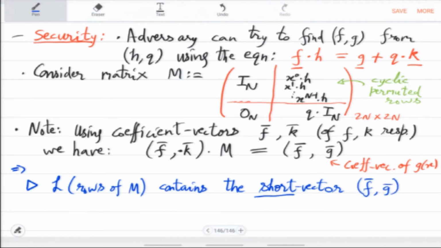Okay, f bar g bar is short because its entries are just plus minus 1 and there are only df plus dg many.